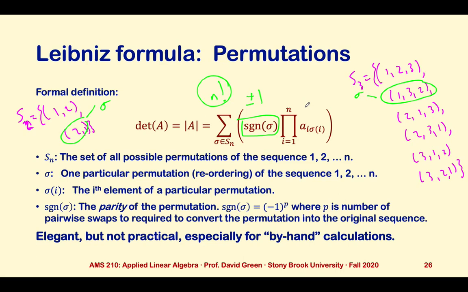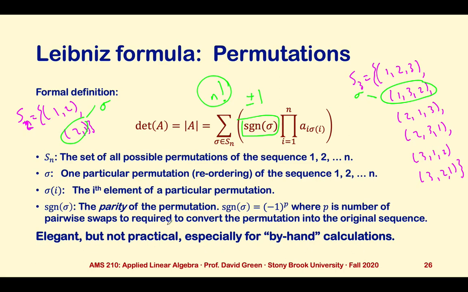Even when we go to the 4x4, 4 factorial is 4 times 3 times 2 times 1, which is 24. The 4x4 determinant gives us 24 terms. We would have to think of what all of those permutations are. This is an incredibly messy way to compute determinants.